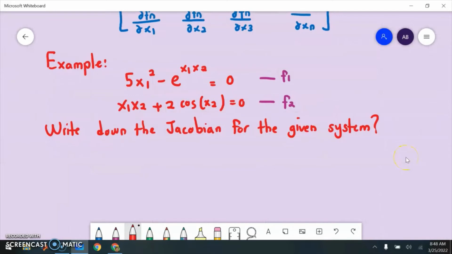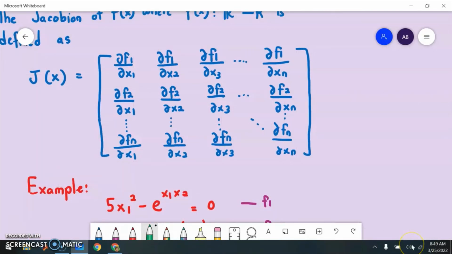Since we have two dimensions, my Jacobian of x1 and x2 is given as follows. According to my definition, it is a 2 by 2 matrix because I have function 1 and function 2.